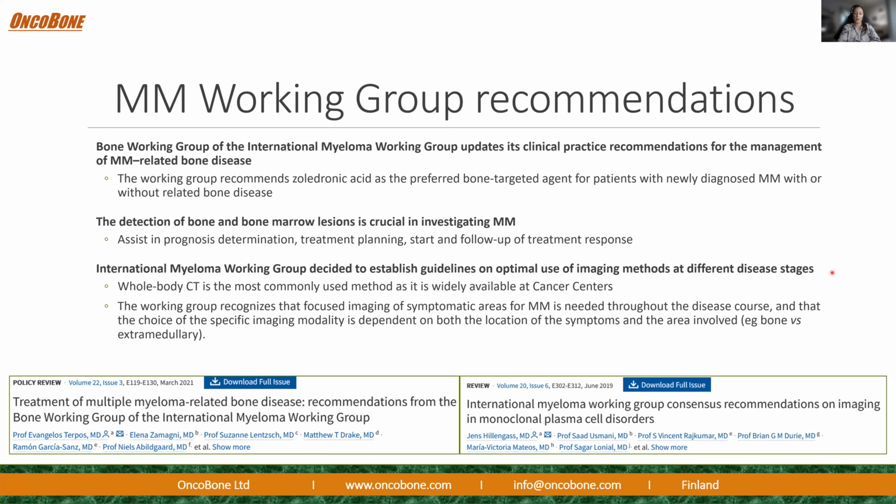In regards to what imaging methods to use, usually the whole body CT is the advised choice, and that is based on it usually being available in all cancer centers, but they also acknowledge that there could be more specific imaging methods available to study and to understand the bone effect in these multiple myeloma patients.